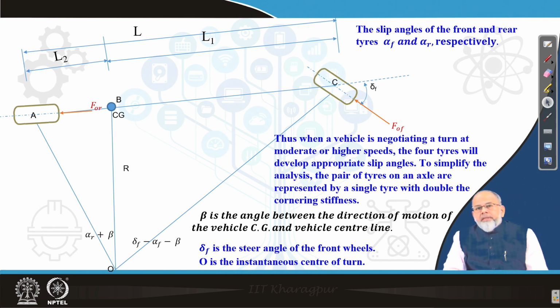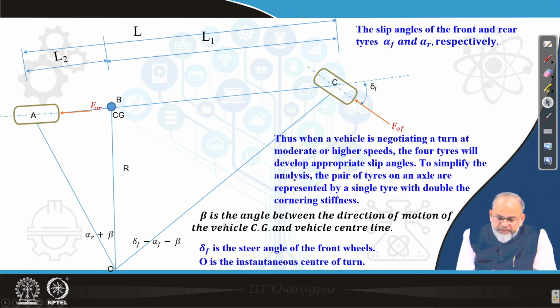So, when a vehicle is negotiating a turn at moderate or higher speed, the four tires will develop appropriate slip angles. To simplify the analysis, the pair of tires on an axle is represented by a single tire with double the cornering stiffness.